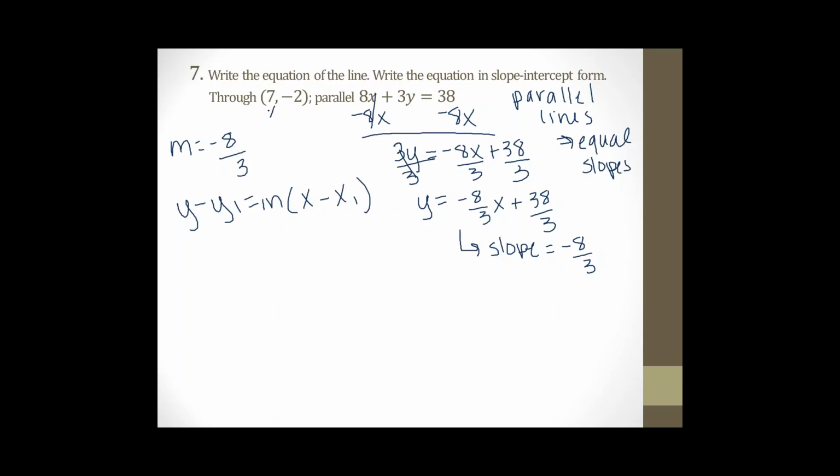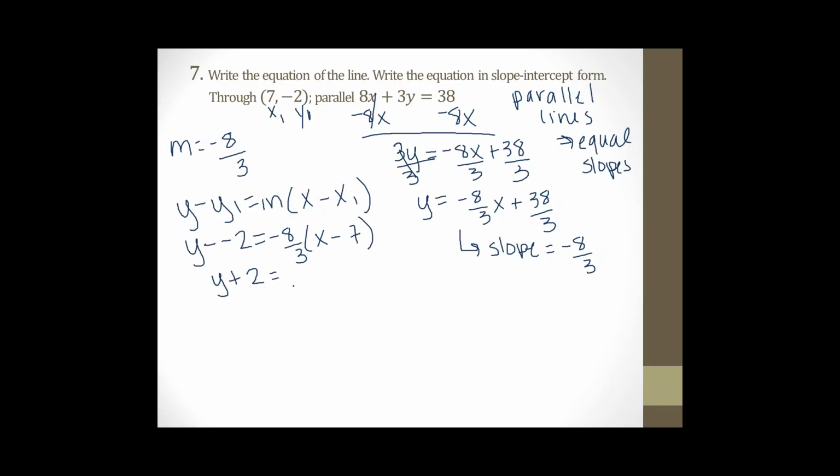That x1 and y1 comes from the point given to us. So we have y minus -2 equals -8/3 times x minus 7. Y minus -2 is y plus 2.